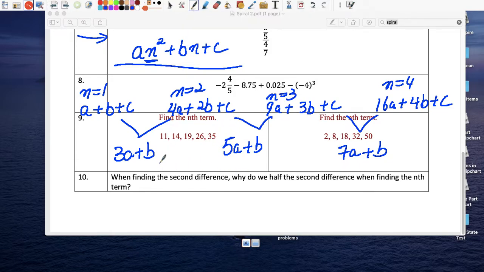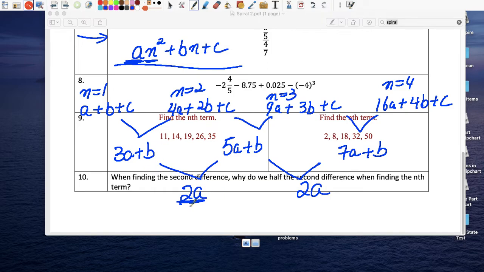Because we're doing quadratic, we have to take a second difference. So how do we get from 3a plus b to 5a plus b? We add 2a. How do we get 5a plus b to 7a plus b? We add 2a. So notice that I need this 2a to somehow become this a.